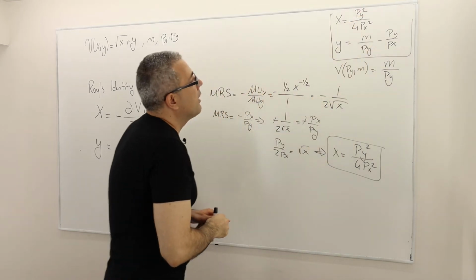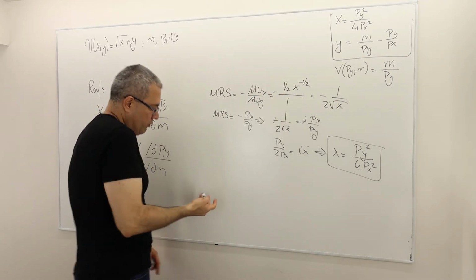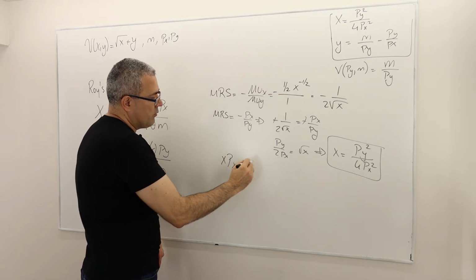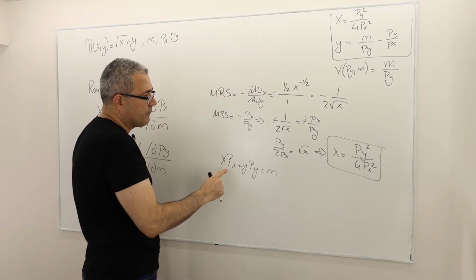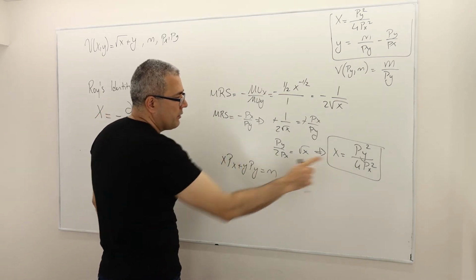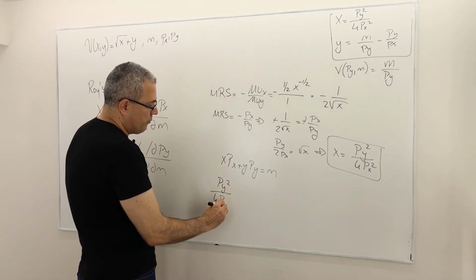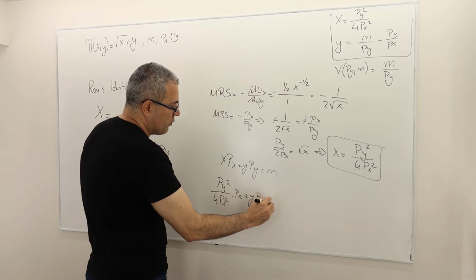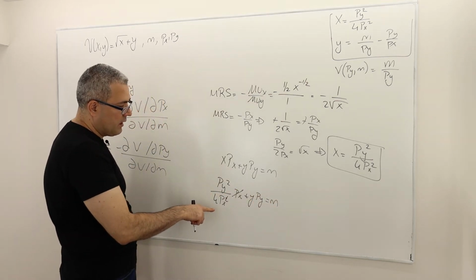All right. Well, given this, what is the optimal Marshallian demand Y? Well, XPX plus YPY equals income. I'm using the budget curve again. So whenever I see X, I'm going to plug this in. So I'm going to have PY squared divided by 4PX squared times PX plus YPY equals M. So this PX squared and PX will cancel out.